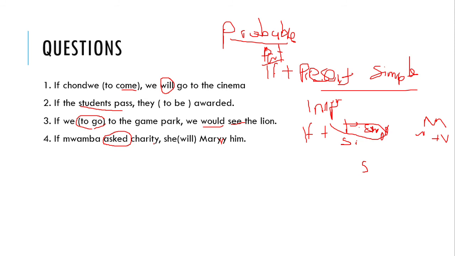So the part 2 will contain the impossible condition as well as other condition words that are used. So for now, we'll just do the probable and the improbable so that you don't get confused, because especially the improbable and the impossible they can confuse you.